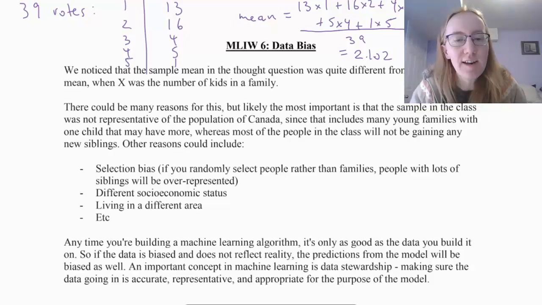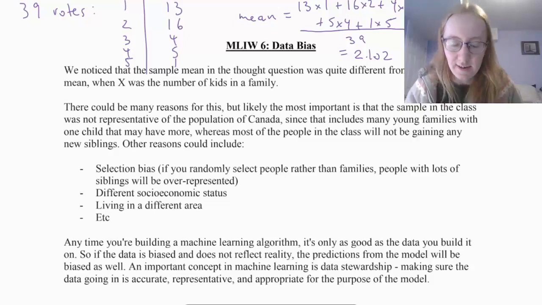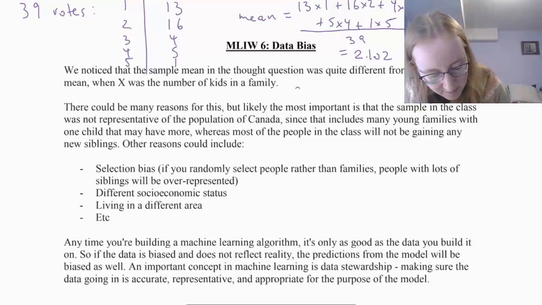And the average number of kids in a Canadian household, if you look at the census data, is around 1.8. I just looked that up.